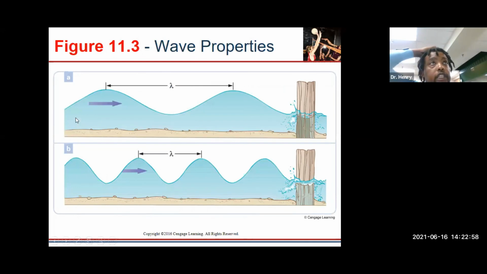So this here represents a wave. So the wavelength from peak to peak, right? So this guy is a wavelength, and it's a large wavelength, so its frequency is small, where this one is a small wavelength, and so its frequency is large. Okay, are you guys with me so far?